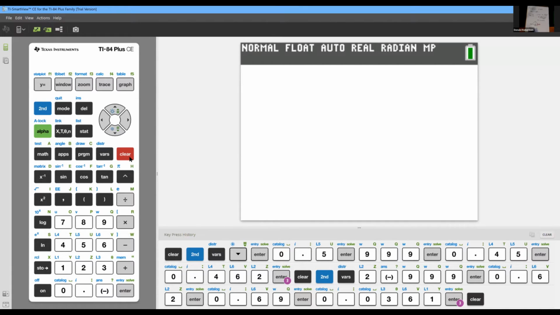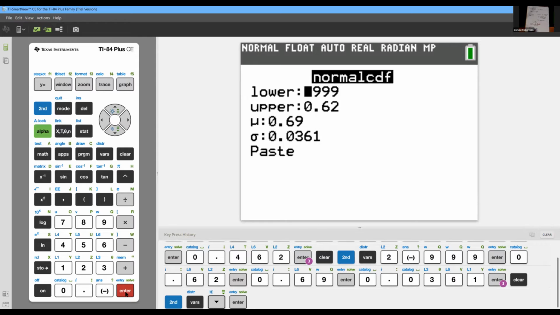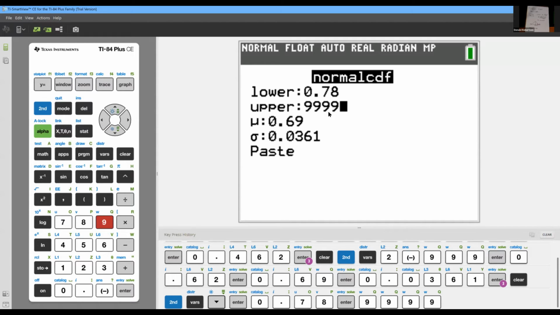To get a value greater than 0.78, you go to setting distribution, you choose option 2, which we should have been doing for quite a lot of other questions. If you want bigger than 0.78, that means 0.78 and everything bigger. What number do I have to put in the upper? 9999. Yeah, as many 9s as you feel like. That's how you do 0.78 or bigger.